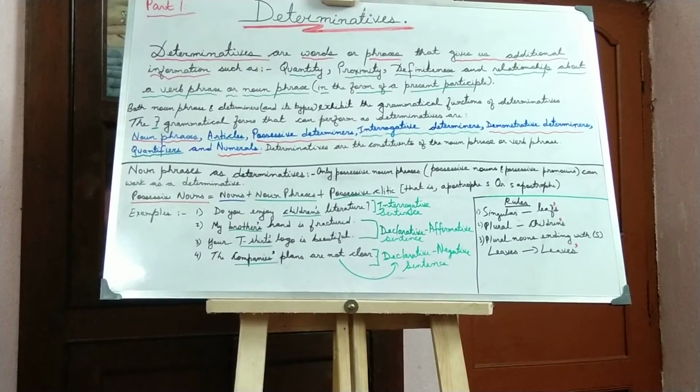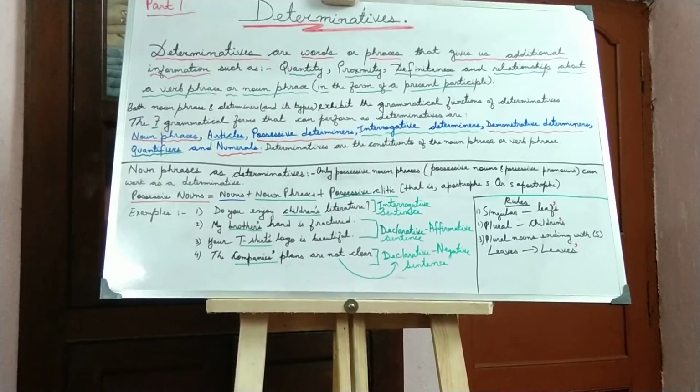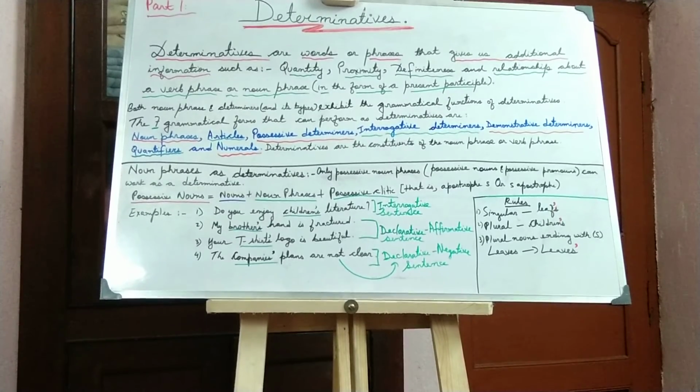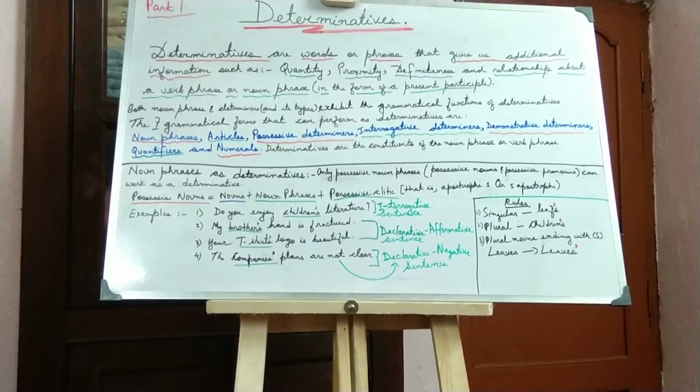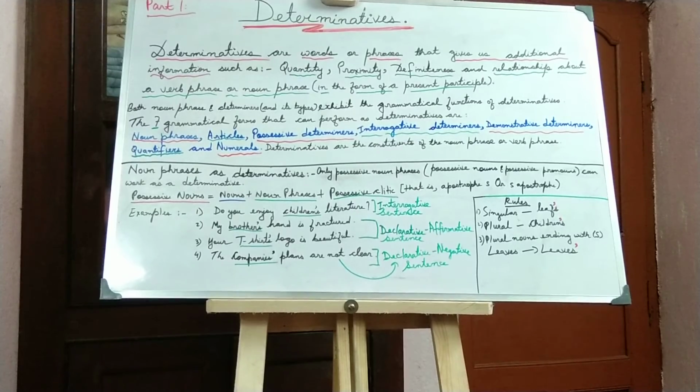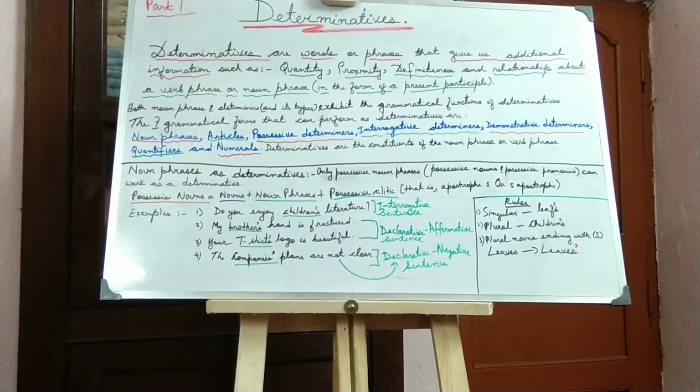In this case, if we have to show the possessive noun, we have to add apostrophe plus s after the last alphabet, that is F. Next is how to write plurals which end with s. Suppose the plural word is leaves, L-E-A-V-E-S. In this case, we write the entire plural word, and after the s we add only the apostrophe. We will not add an extra s or es.